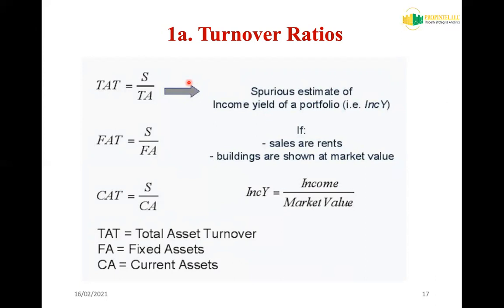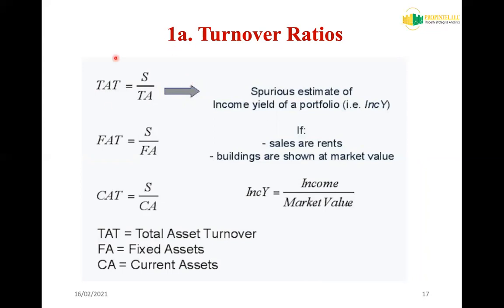The higher the asset turnover ratio, the more efficient a company is at generating revenue from its assets. Conversely, if a company has a low asset turnover ratio, it indicates it is not efficiently using its assets to generate sales. So let's look at some asset turnover ratios available.